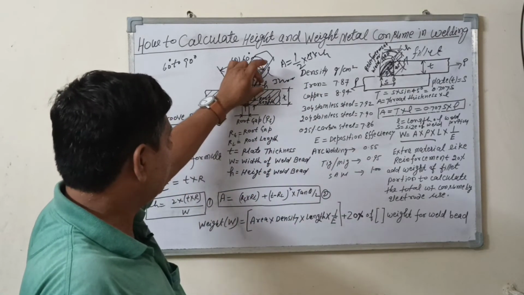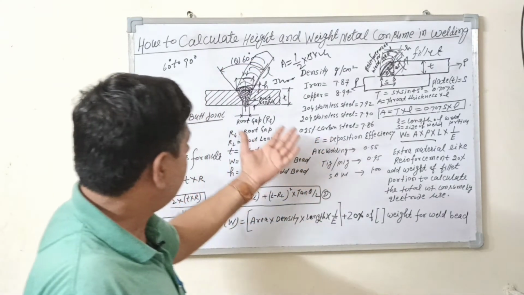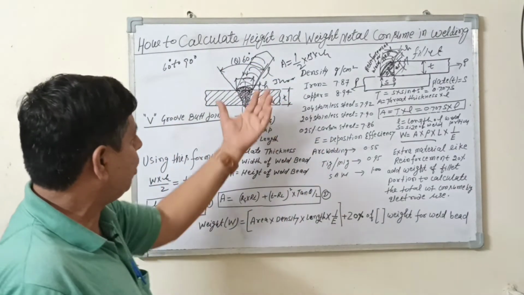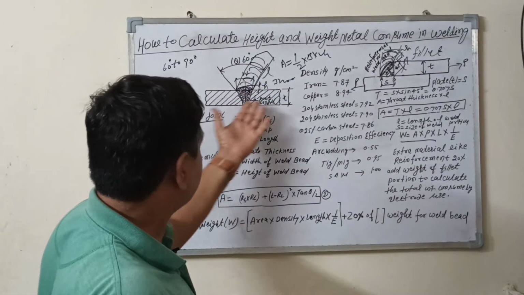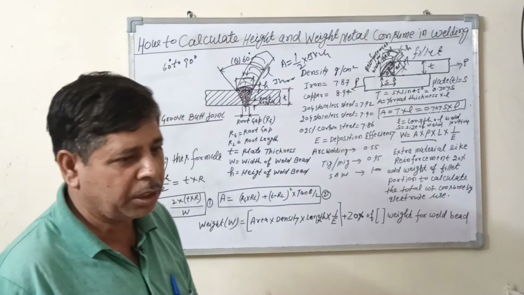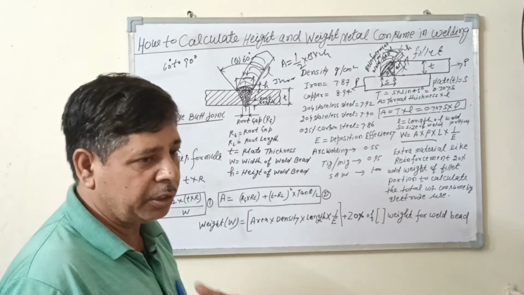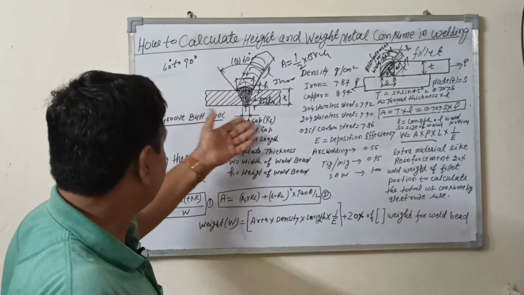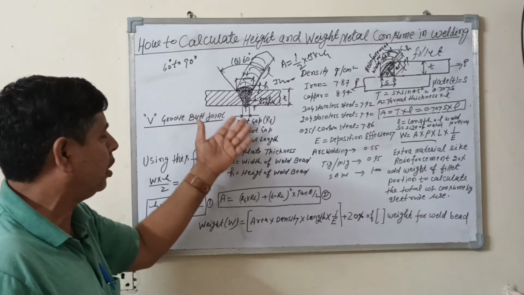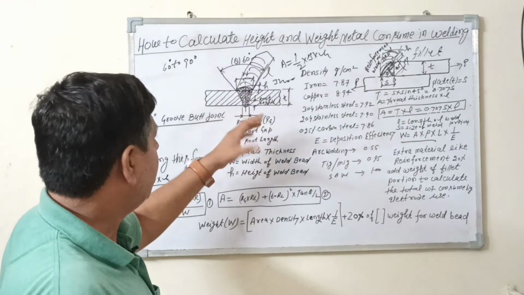Different types of these joints are generally used for making different structures and automobile chassis, and this type of weld is generally used for different automobile parts, industrial parts, and general purposes.